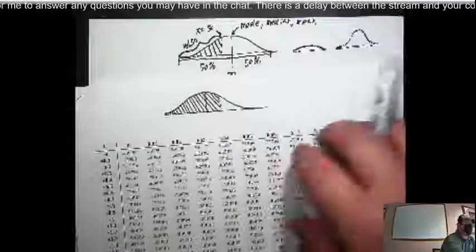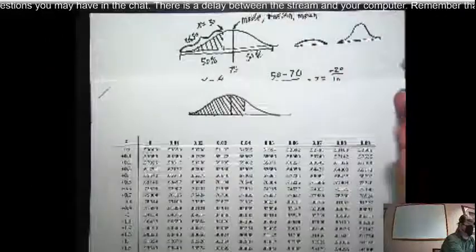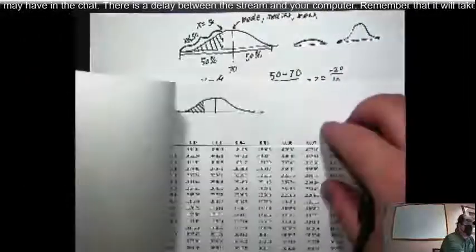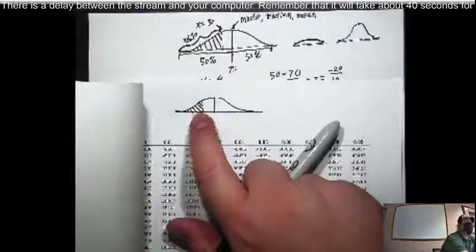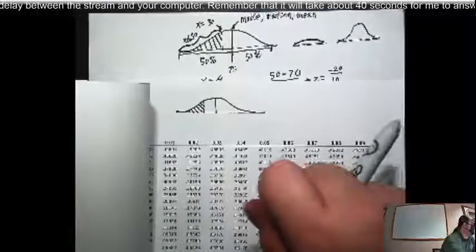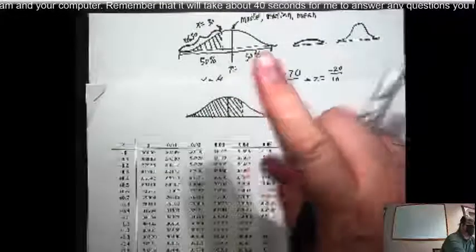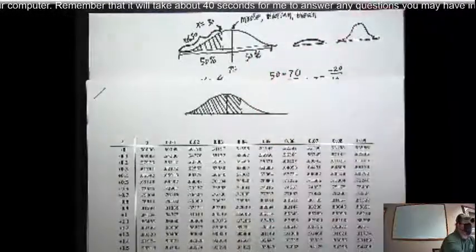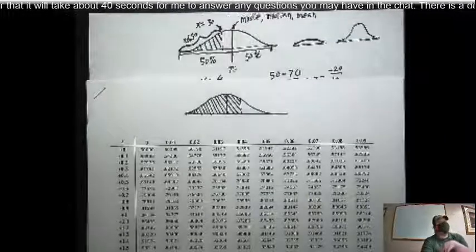So positive and negative z-tables. But something else I want you to notice about both of these images is that they are finding the area behind a particular x value. That's not always what we want to find. Sometimes we want to find the area above it.